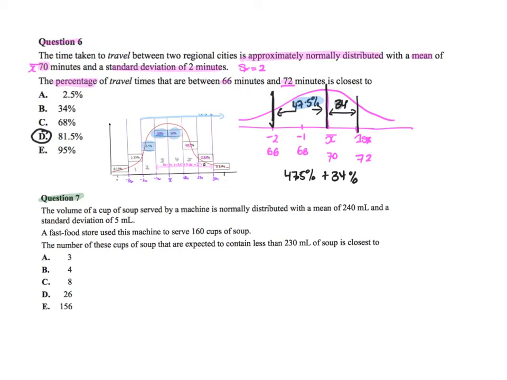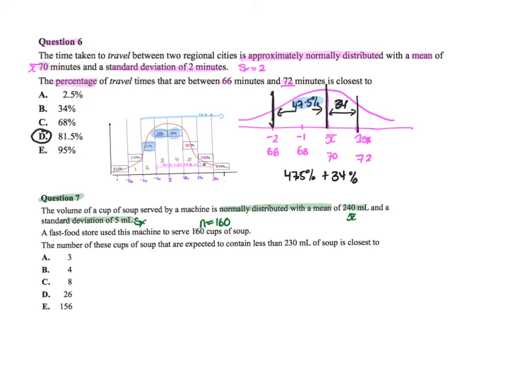Question 7. The volume of a cup of soup served by a machine is normally distributed with a mean of 240, and a standard deviation of 5 mils. The fast food store used the machine to serve 160 cups of soup.